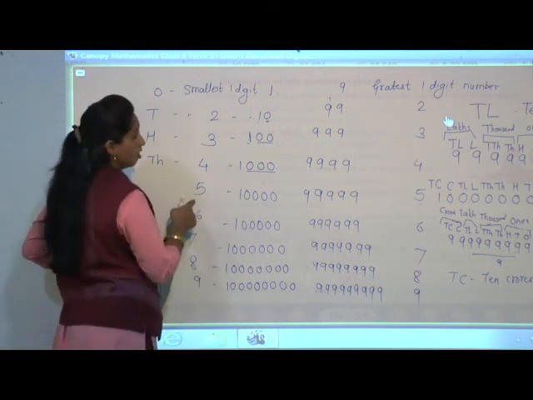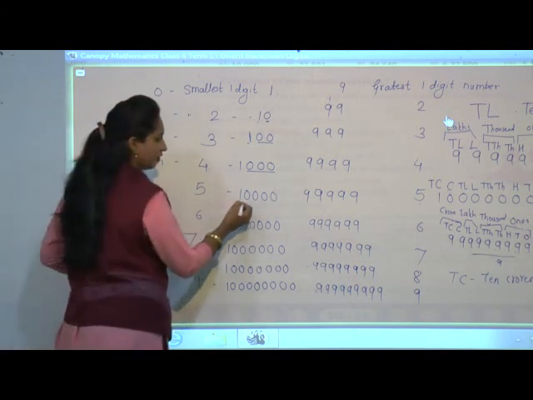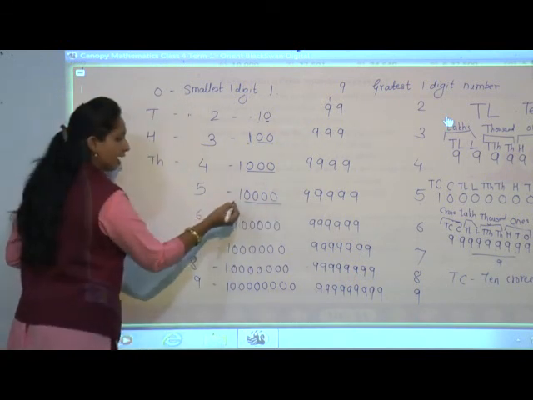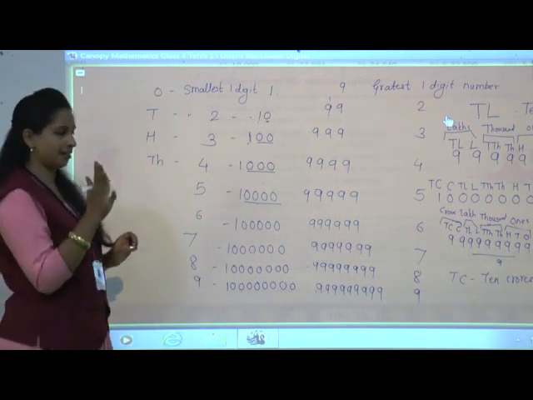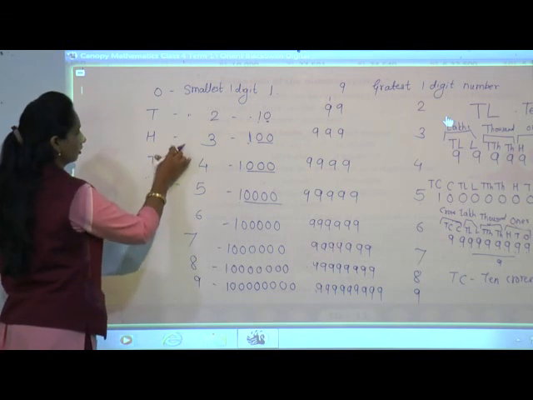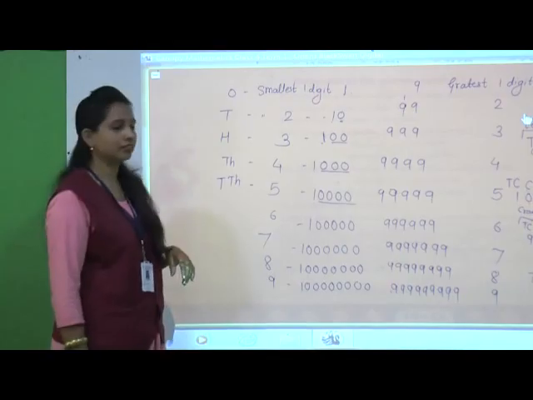Now see here. When it comes to the smallest 5-digit number, after 1, 4 zeros will come. Including 1, it became a 5-digit number. So here 1000 and 10,000.